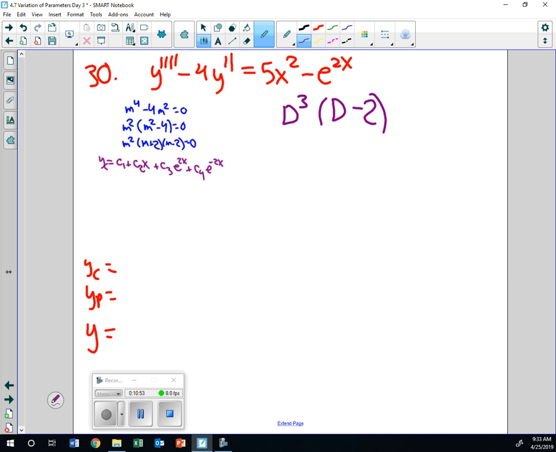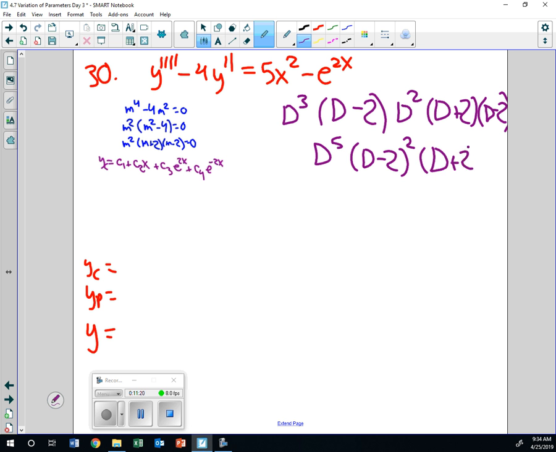Now remember, we still had d squared, and we still had d plus 2 and d minus 2. We have all of those together. So when I put those into 1, you're going to get d to the 5th, d minus 2 squared times d plus 2.